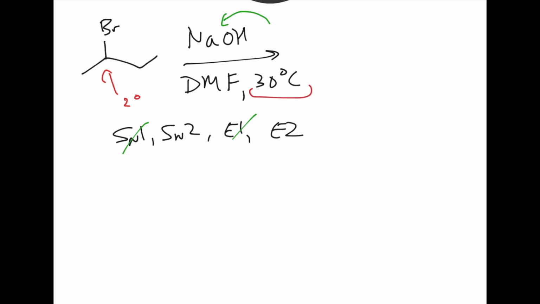Is 30 degrees C above 20 degrees or below 0 degrees? Is 30 bigger than 20? Yes. So that means we get to eliminate our substitution reaction, and we're doing an E2 reaction here. So we're going to make our double bond, make the most substituted double bond that we can.